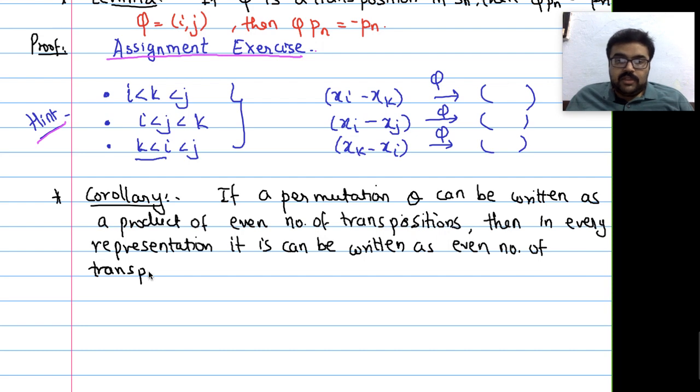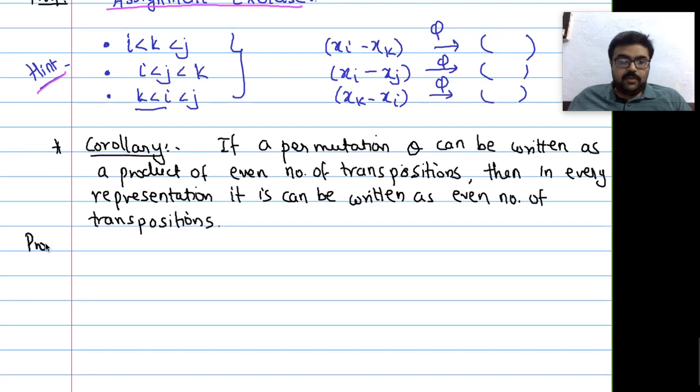That means the number of transpositions will be even in any representation. So the proof is very simple.